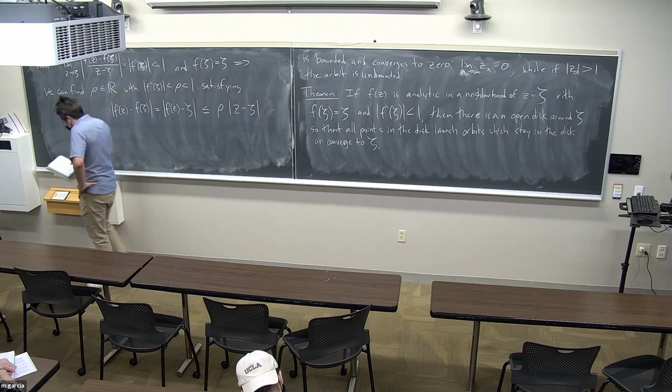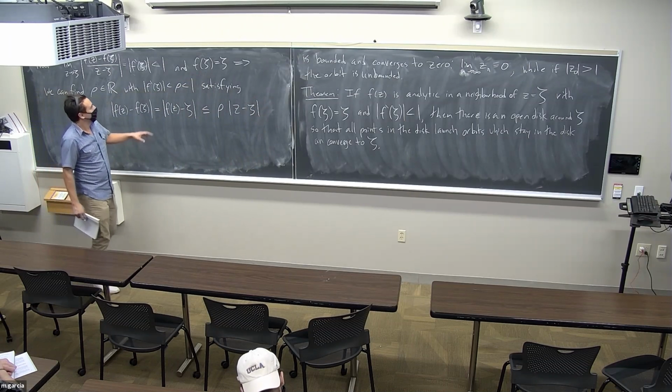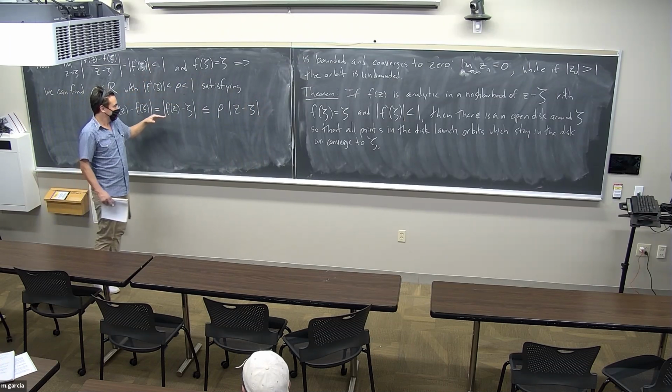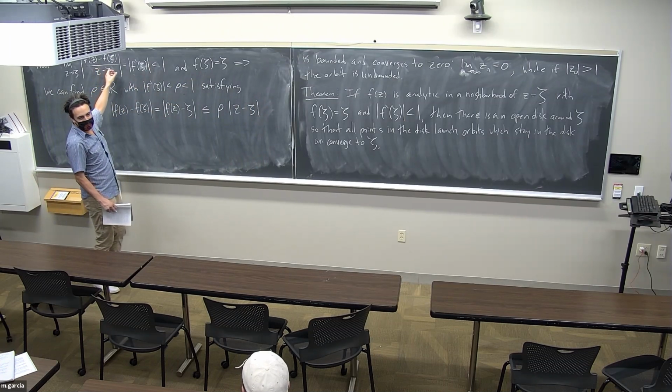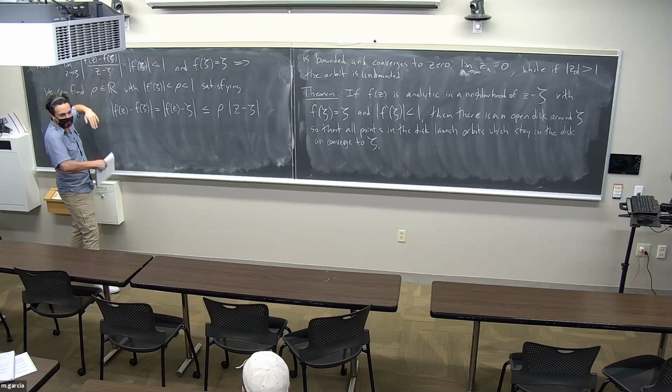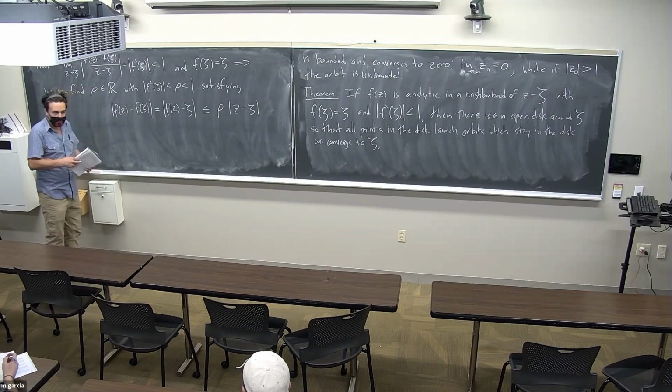All I've done is pick some real number between here and split my modulus function across the two factors of my numerator and denominator and multiply the denominator to the other side. That's all I've done. Okay?